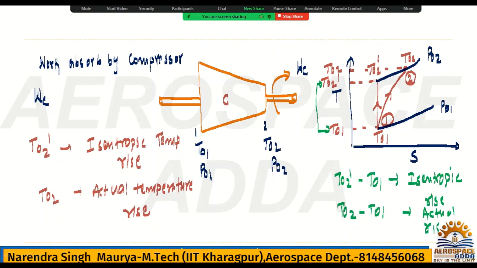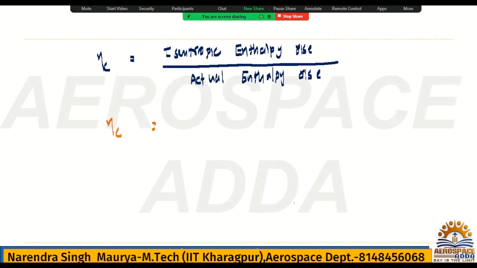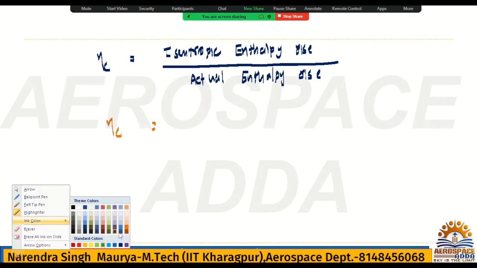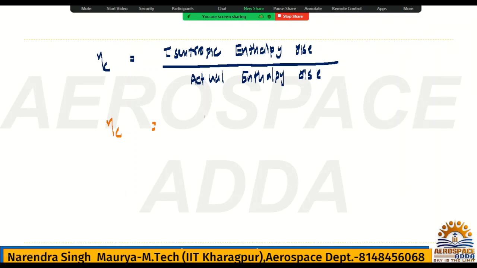It should be very clear. So isentropic enthalpy rise means H naught 2 dash minus H naught 1, divided by the actual, H naught 2 minus H naught 1.